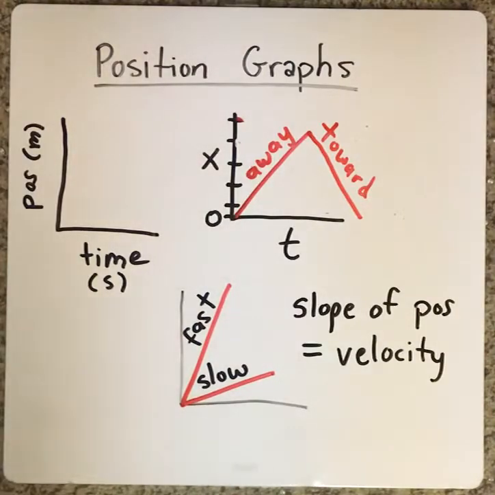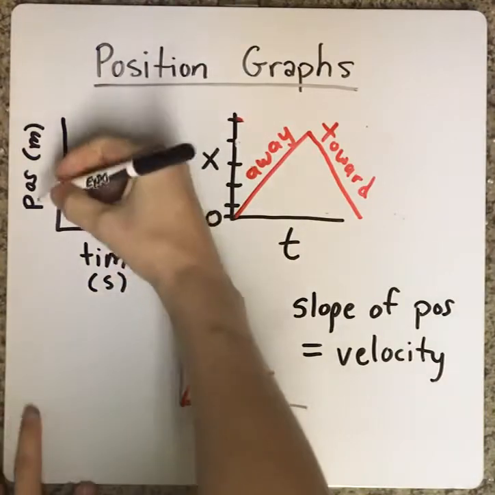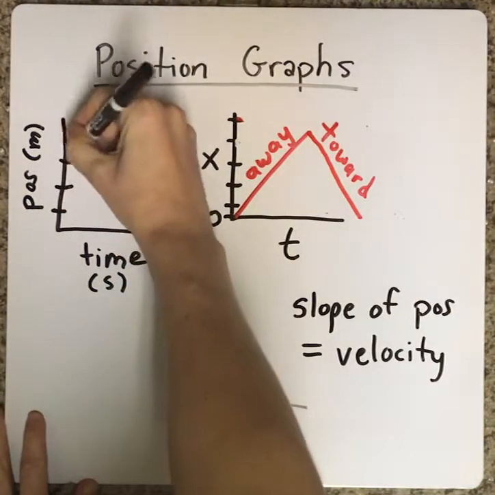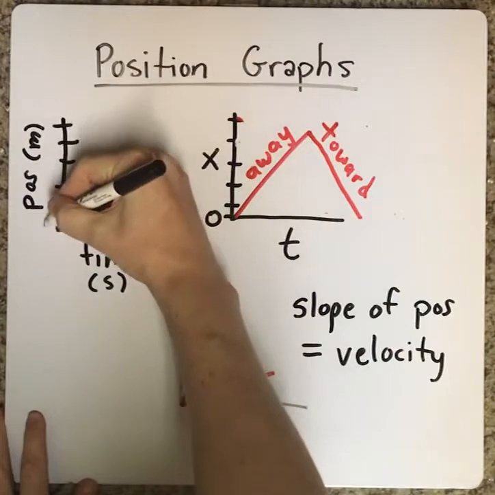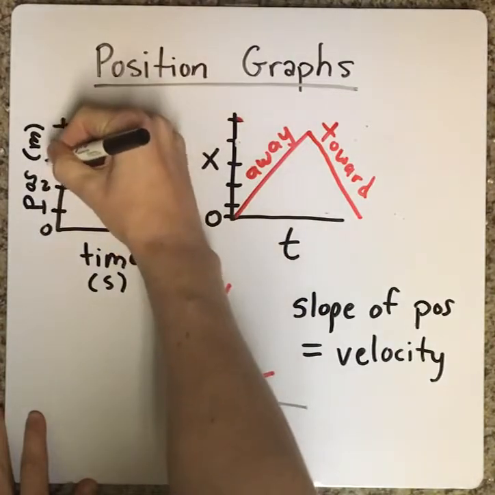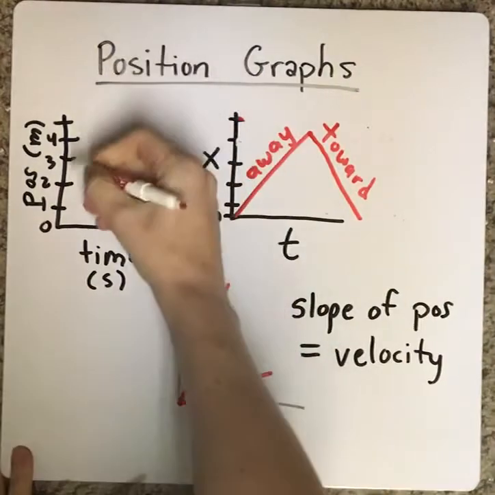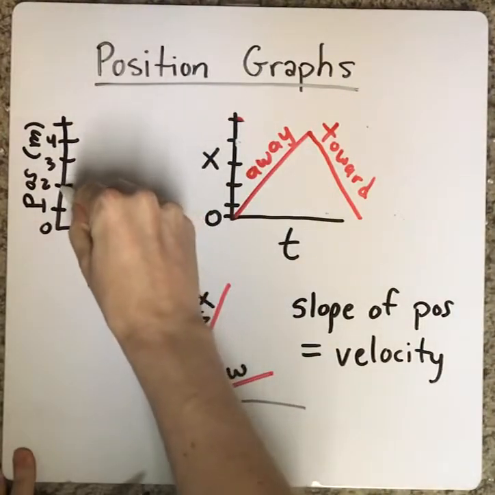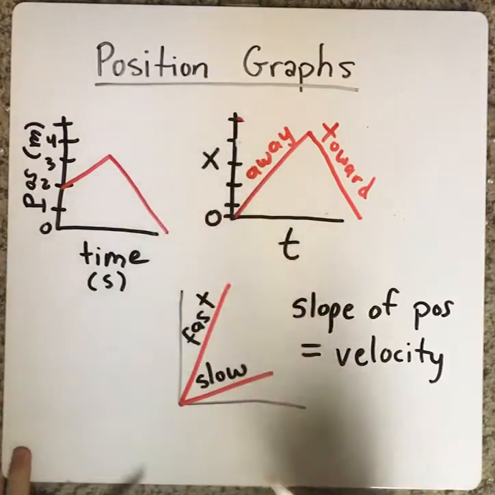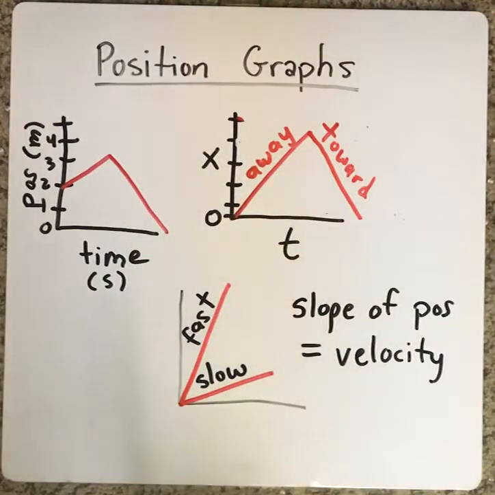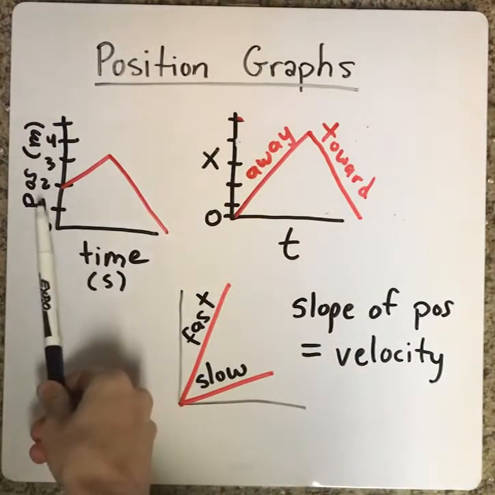The last thing we need to talk about is something called the initial condition. The initial condition is just where the graph started. So I'm going to put some numbers here: 0, 1, 2, 3, 4. All you have to do, for the graph that I just drew, is look on the axis.